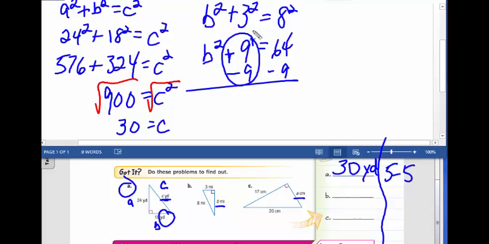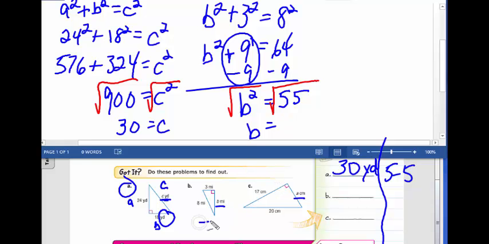We have a zero pair, and we have b squared equals 64 minus 9, which is 55. So now we have b squared equals 55. We take the square root of both sides, and we end up with b equals the square root of 55.